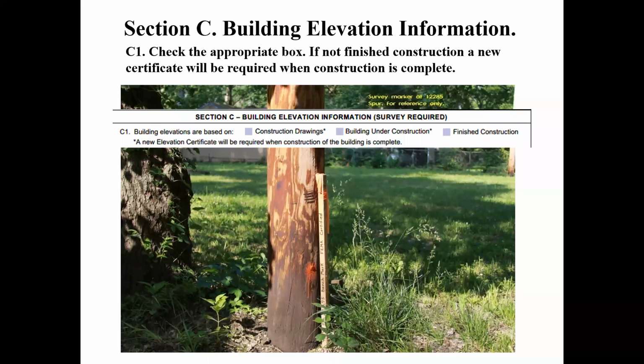So oftentimes when a residential structure or other structures are under construction, a surveyor will initially be there and they'll put a stake in the ground and stake out the site and have them marked for the elevation that the floor needs to be at.